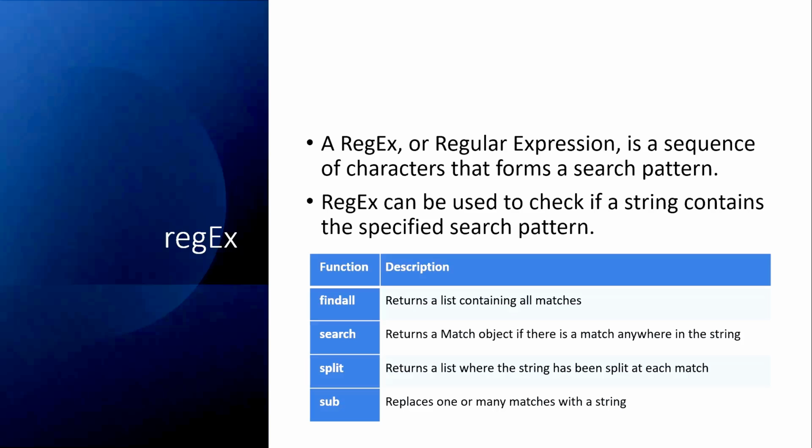For example, findall returns a list containing all matches. The search returns a match object if there is a match anywhere in the string. The split returns a list where the string has been split at each match, and sub replaces one or many matches with a string.